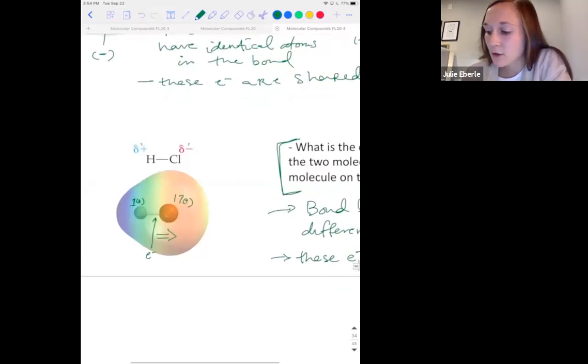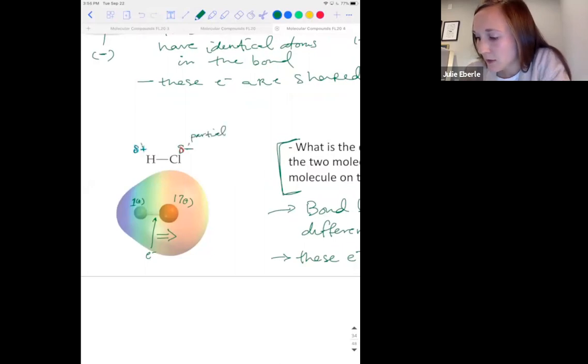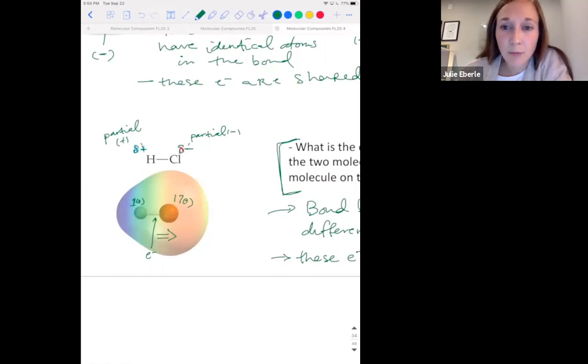That is where these little signs up here, this partial negative and this partial positive, come into play. What do these mean? Well, number one, this is called partial negative. You might hear the word semi-negative, semi-positive, partial positive, partial negative. Same thing. It's a lowercase Greek delta sign, and then we put the plus or the minus to indicate which side is electron rich and which side is electron poor.